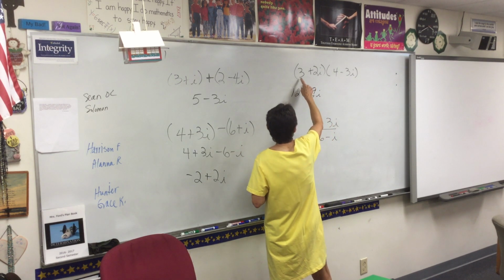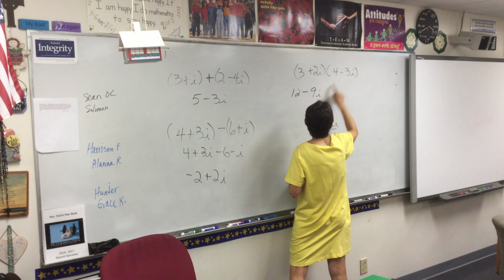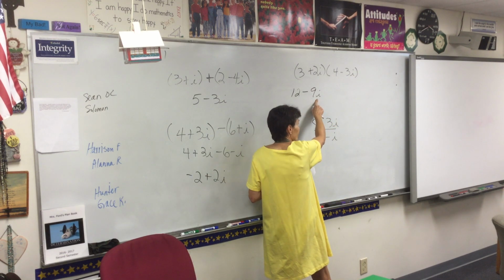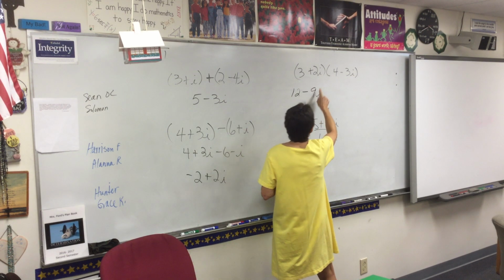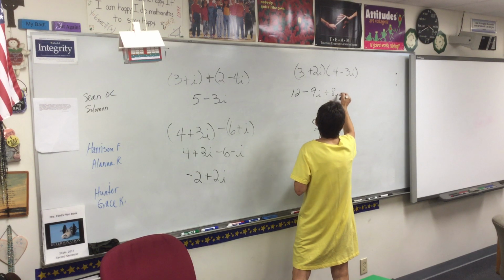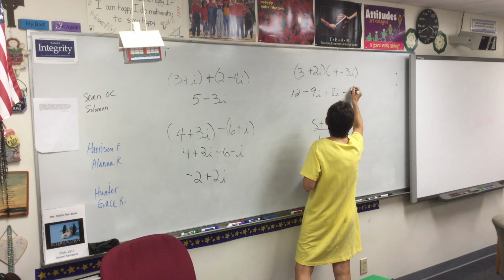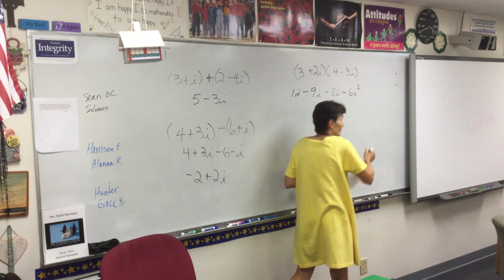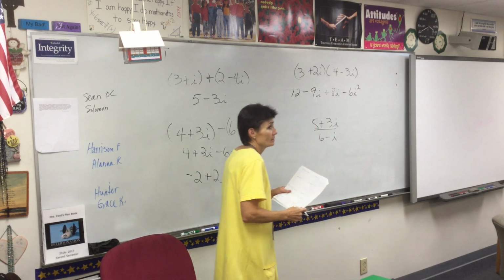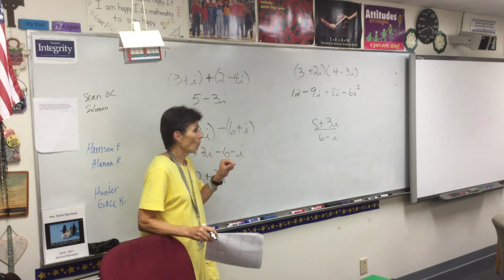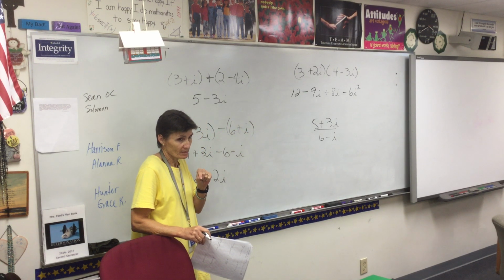So when I multiply a 3 times a 3i, I get a 9i, just like you'd think. Nothing tricky. Plus 8i on the insides. And then this one is going to be minus 6i squared. So it's a regular FOIL process. Everybody with me to this point?